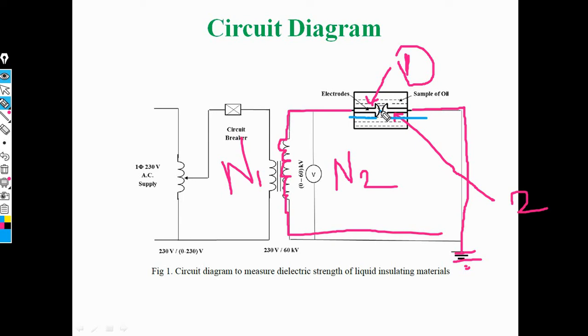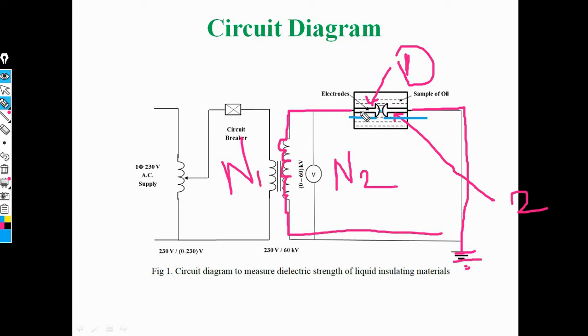At that instant we have to measure the voltage, and this voltage is called the breakdown voltage.